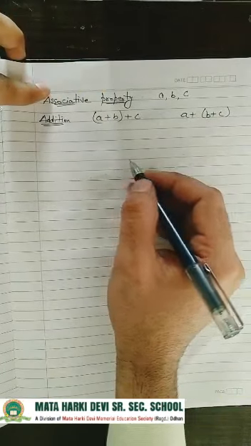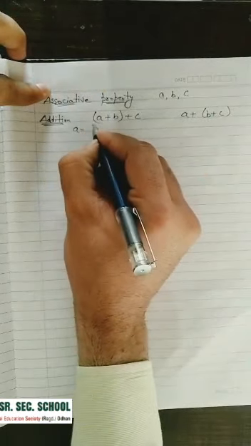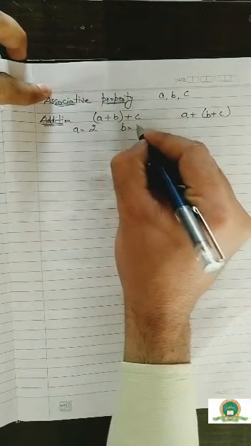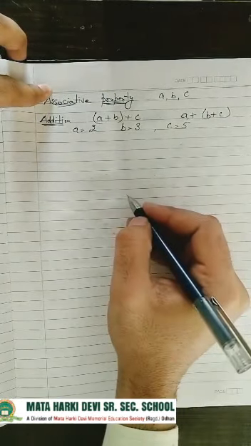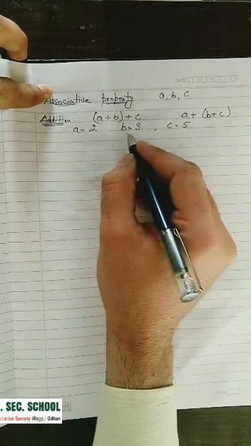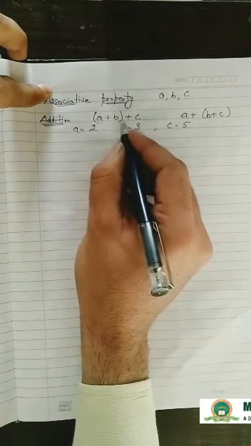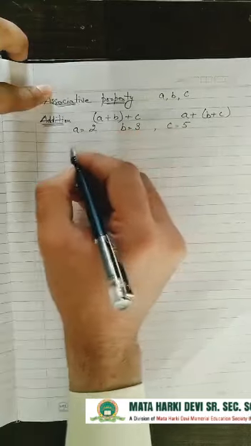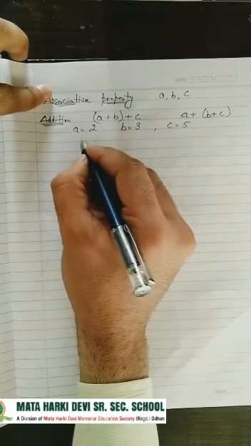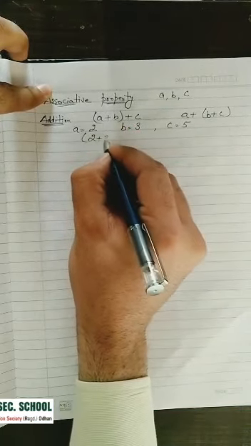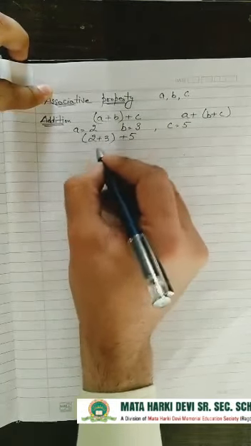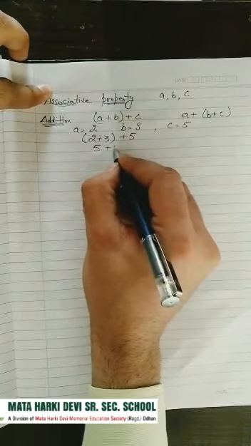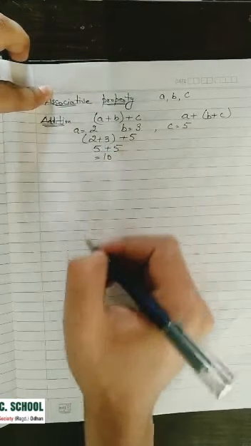is the result the same or does it change? For example, let us take A is equal to 2, B is equal to 3, C is equal to 5. Okay, if we apply in the first case A plus B plus C, if we add A plus B, that means 2 plus 3 and later on 5. 2 plus 3, 5 plus 5, the result is 10.